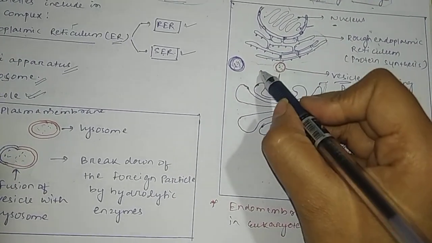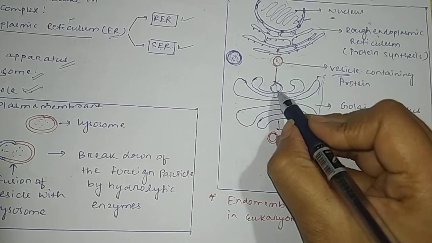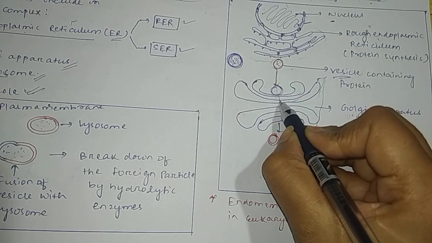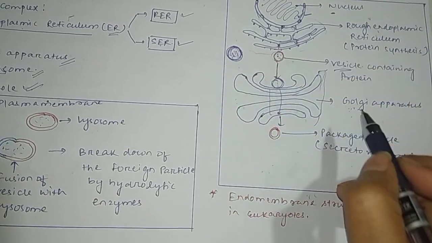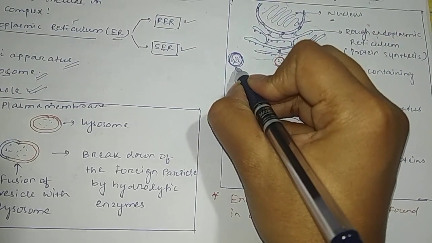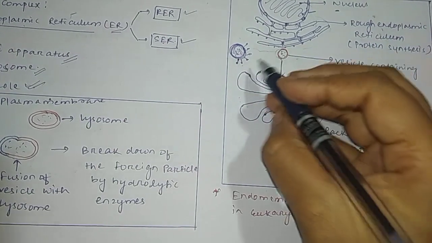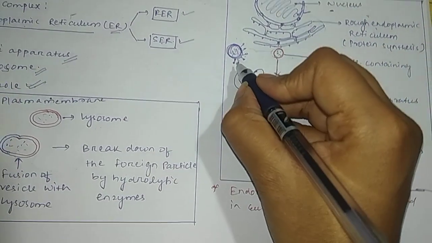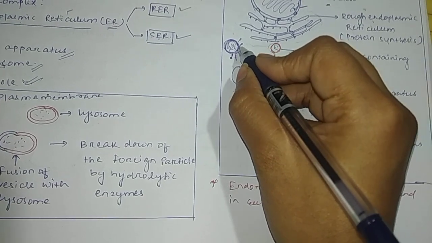After this, when this vesicle fuses with this membrane like this, these vesicles pass from this, and inside this process the Golgi apparatus attaches some molecules like this on the vesicle. So what happens after that? These molecules contain the information where it will go.